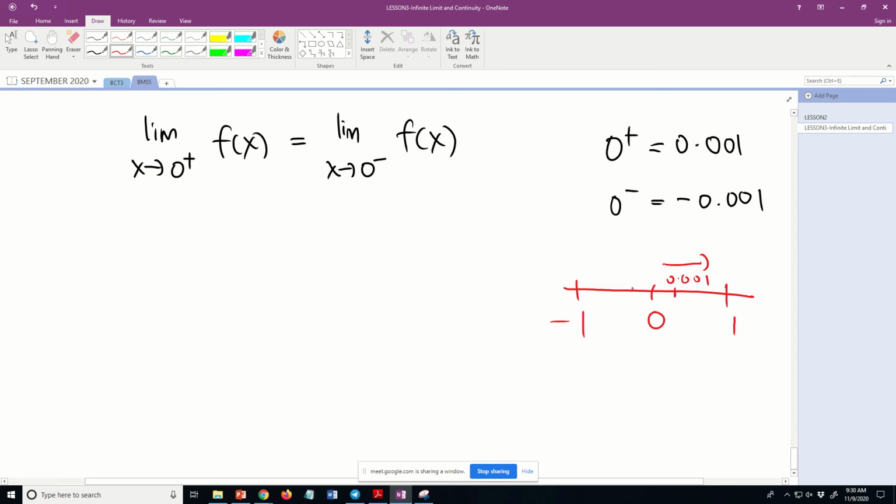When I go this side, it is just the reflection of whatever you have on this side. If here there is 0.01, this one just reflects here. So the reflection is negative 0.001. It just reflects the other way.